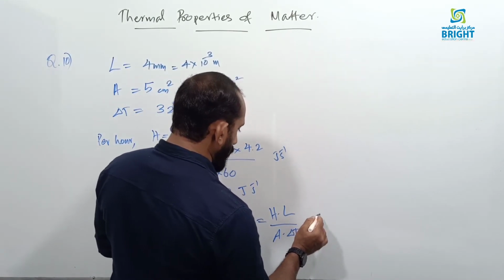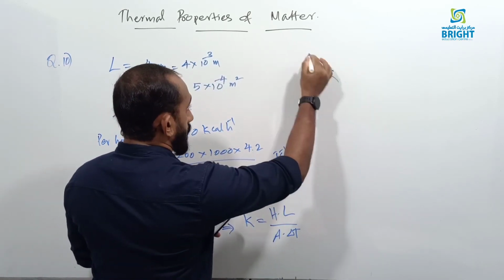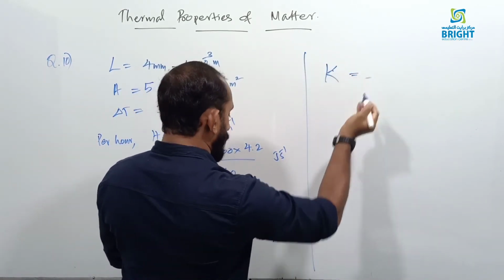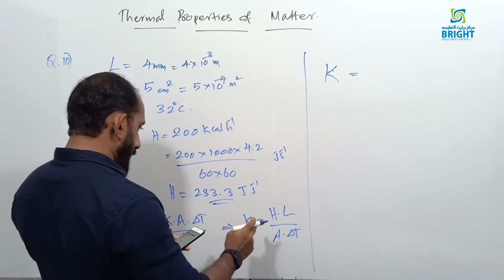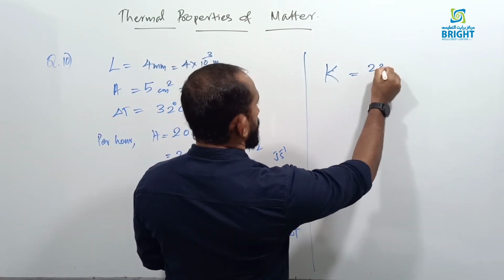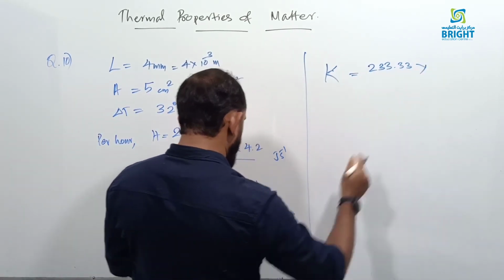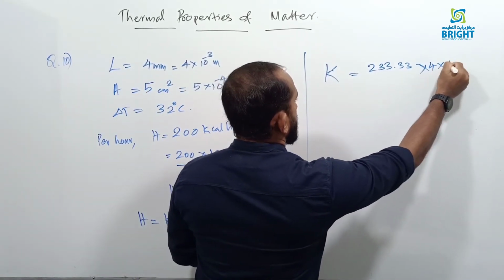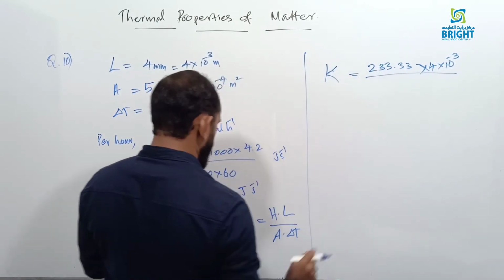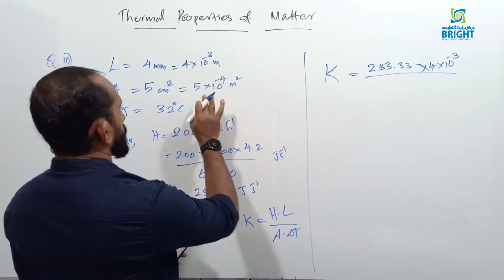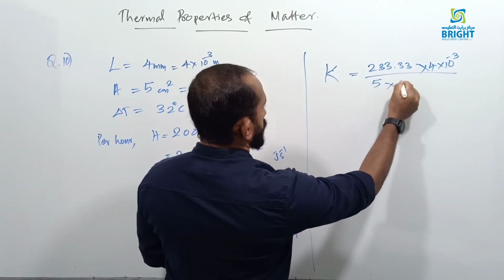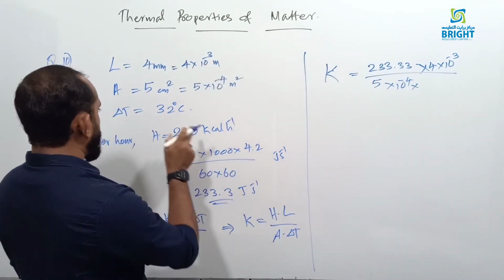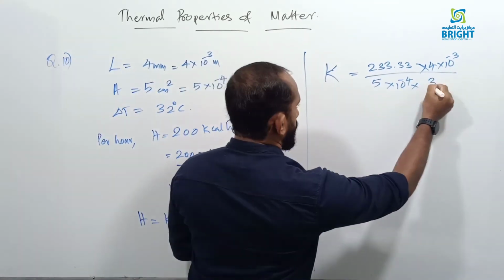So K is equal to H, we have 233.33, into L, we have 4 into 10 raised to minus 3, divided by A, area is equal to 5 into 10 raised to minus 4, into delta T, the change in temperature, 32.